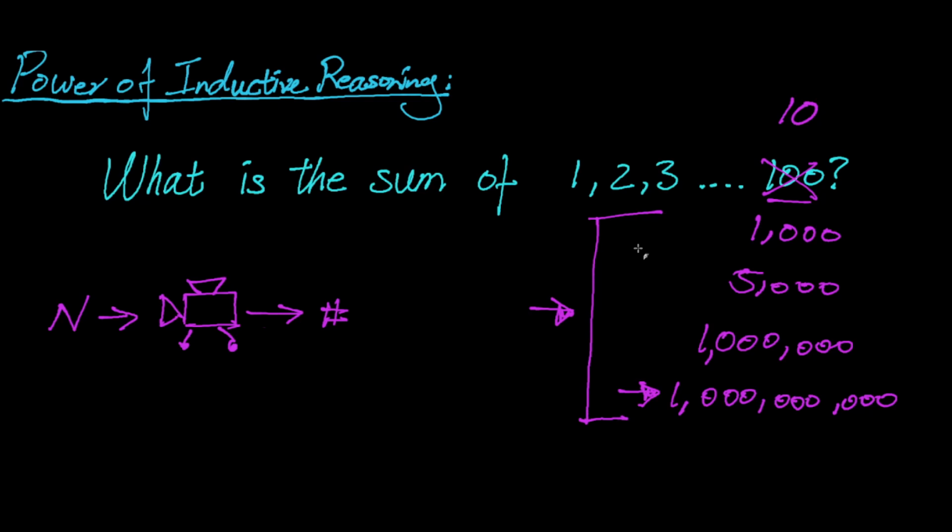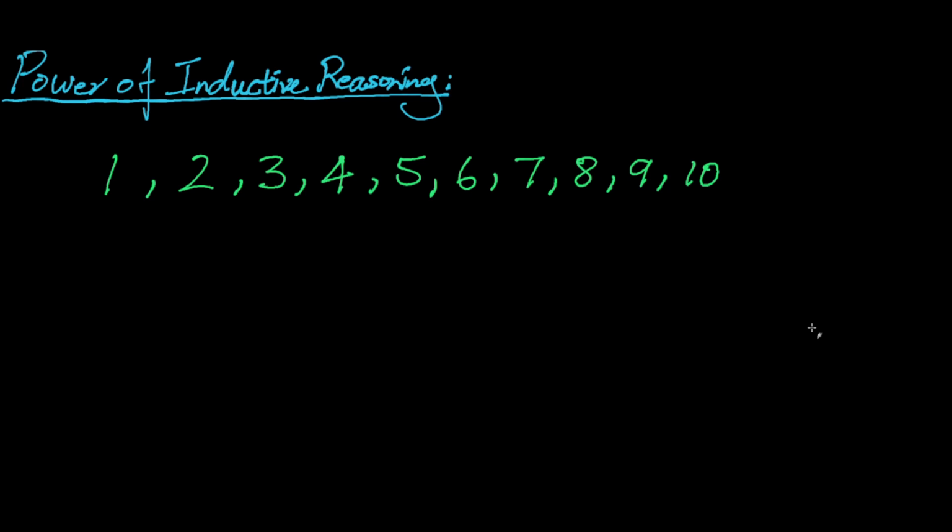We're going to take a look at the series 1, 2, 3, all the way up to 10 first, and maybe we'll find a pattern. So here I've written out our series in full. It's just 10 numbers. So now we can take a look at our series and see if we can find some sort of easy way.